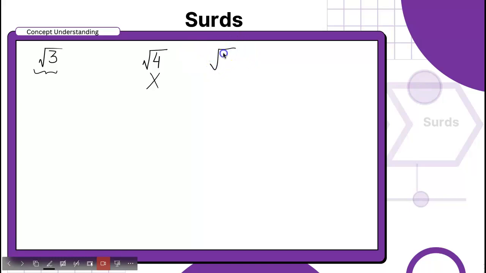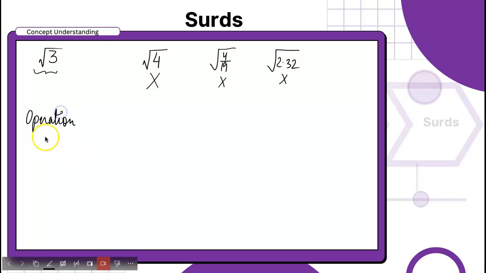If you have a fractional number, say for example 4 over 19, it's a fraction, it's not a surd. If we have 2.32, it's not a surd. So a perfect square under the radical, a fraction or a decimal number does not make a surd. Hope it's clear. Now we'll talk about operations on surds.